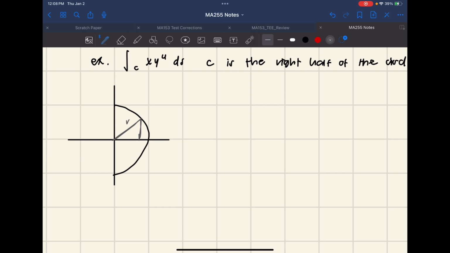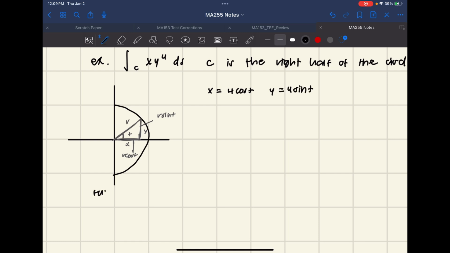So my radius R, the angle t, y. This is R sine t. From here, I got x is 4 cosine t and y is 4 sine t.